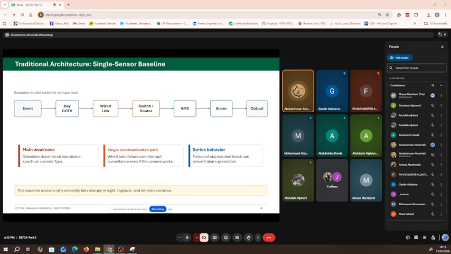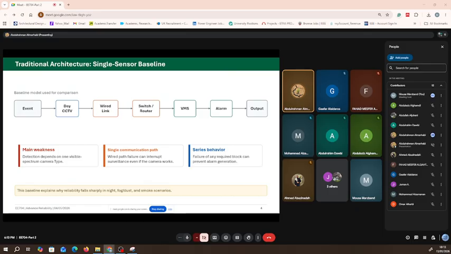This slide shows the traditional baseline architecture. The traditional system is simple. It consists of the day CCTV camera, wired link, network devices such as switches and routers, then the video management system or VMS, and finally the alarm system. This architecture is useful as a baseline because it represents a simple and common surveillance design. However, it has three main weaknesses.